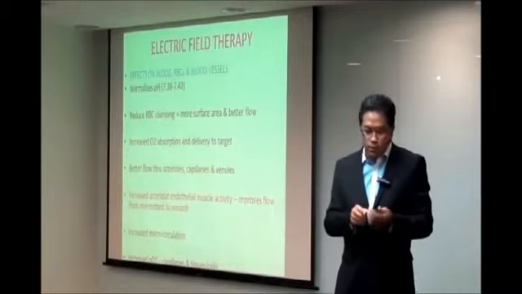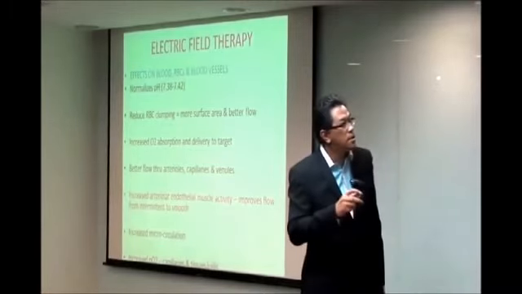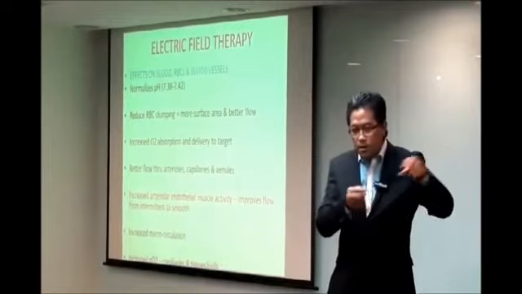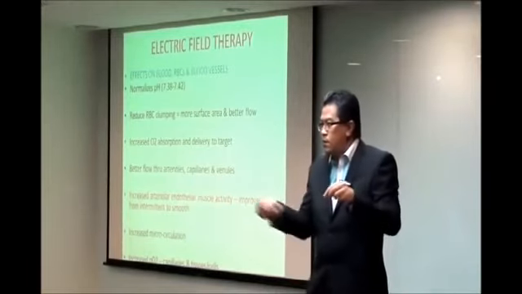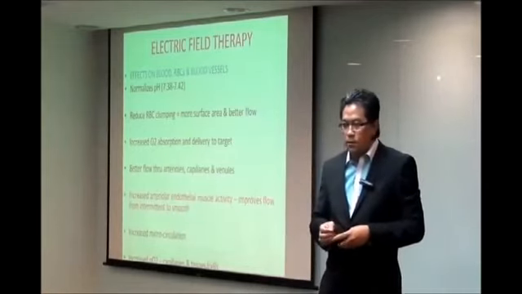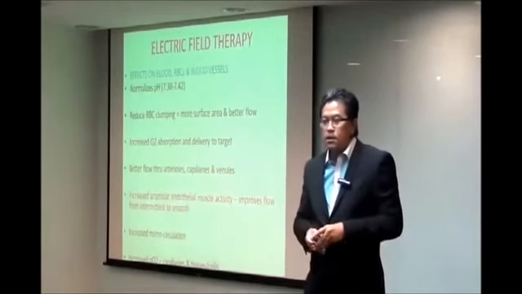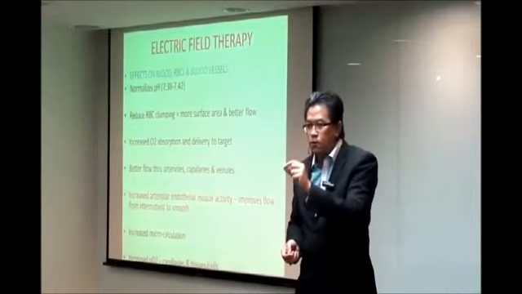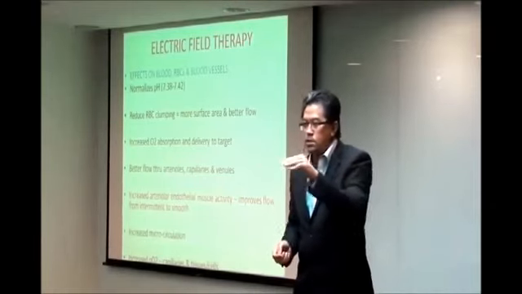So what's so special about electric field therapy? The further away from the heart, as the blood vessels get smaller and smaller, it's more critical that the cells get blood flow all the time, not on and off.